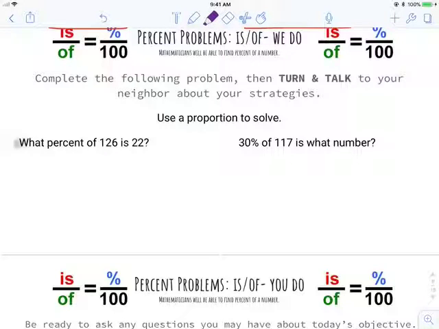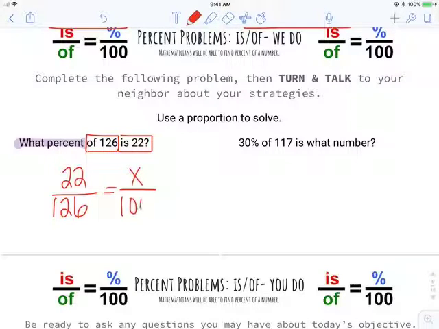So for instance, what percent, and then we have of 126 is 22. So I have the is as 22, always goes on top. 126 is the of, so it always goes on bottom, and then my percent is x over 100 because I don't know the percentage. I get 126x equals 2200.